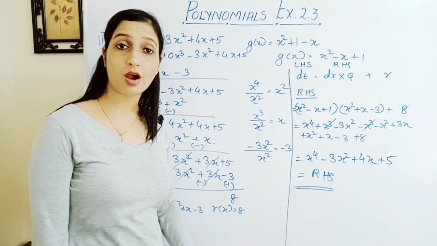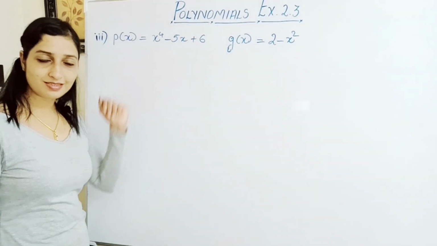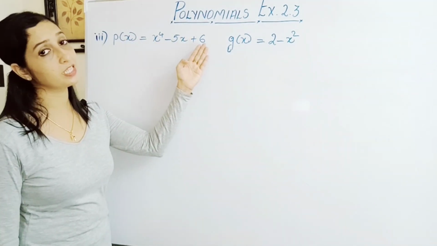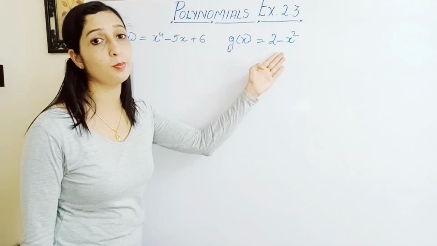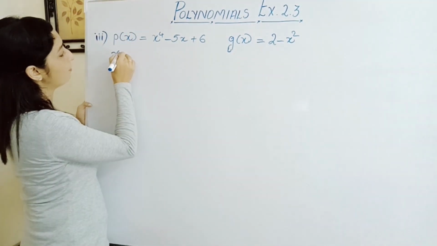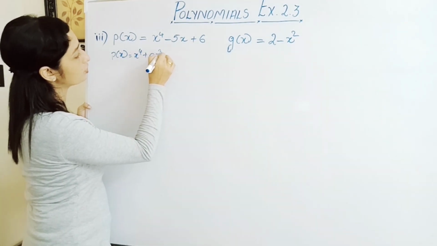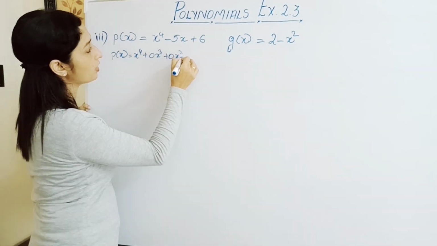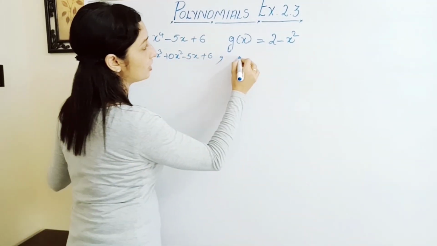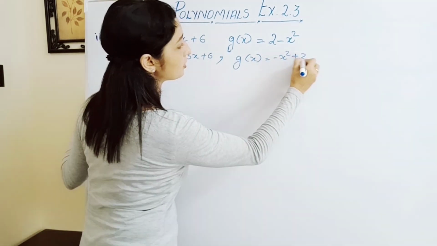Now let's move on to our next question, which is part 3. So this is our part 3, which is p of x is equal to x raised to 4 minus 5x plus 6 and g of x is 2 minus x square. So now let's rearrange this. So you get p of x is equal to x raised to 4 plus 0x cube plus 0x square minus 5x plus 6, and g of x is equal to minus x square plus 2.